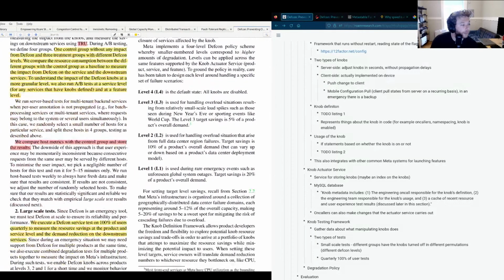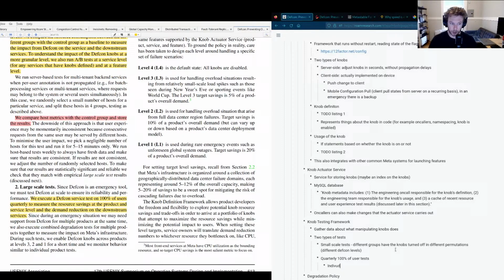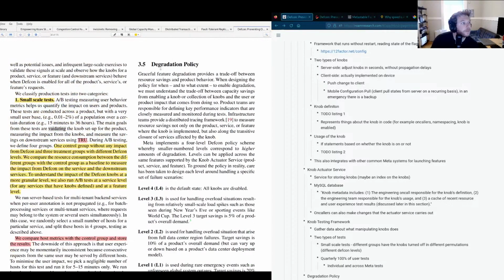Okay, so they have per individual and across meta tests. Product teams are responsible. I'm curious how the product teams became responsible for this.